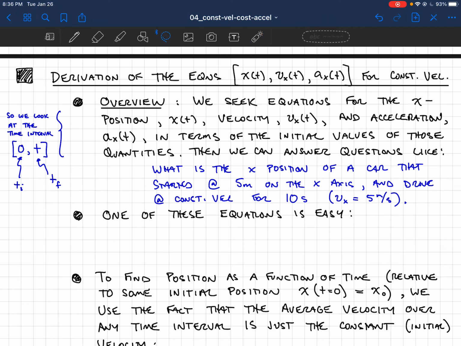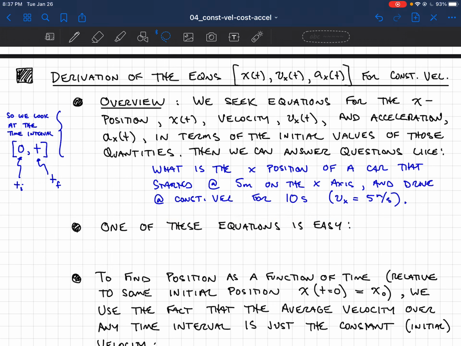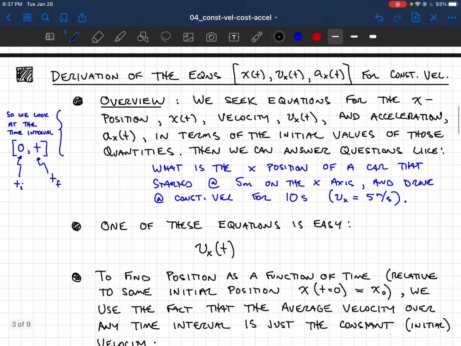Okay, so what are the equations for constant velocity? We already saw them graphically. That's what we did in the previous section. Well, one of them is extremely easy in the same way that one of those graphs was extremely easy, and that is the velocity versus time function. Since we're talking about constant velocity, the velocity at every time is going to be equal to the velocity at time 0.